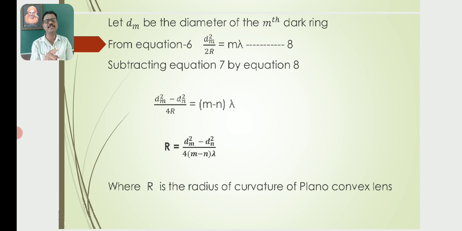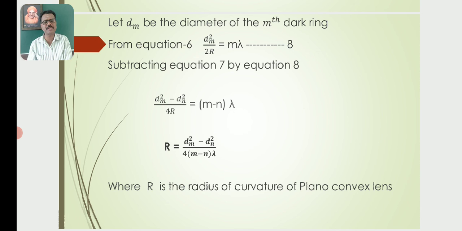With the help of this expression, we can determine the radius of curvature of a plano-convex lens using the Newton's rings experiment, where dm and dn indicate the diameters of the mth and nth rings. They can be determined with the help of a traveling microscope.